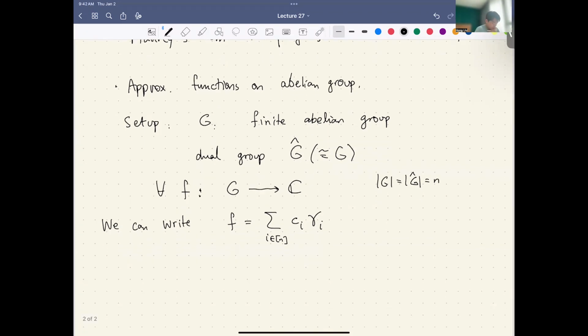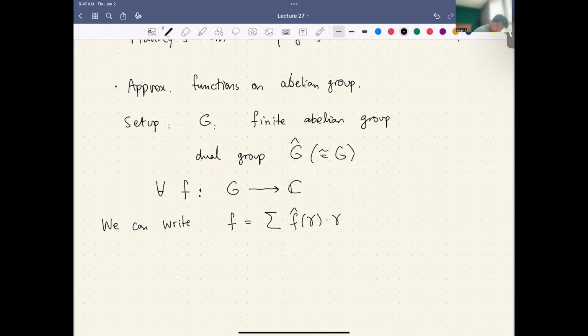We can write it as c gamma, a complex number depending only on gamma, times gamma. This is called the Fourier coefficient.